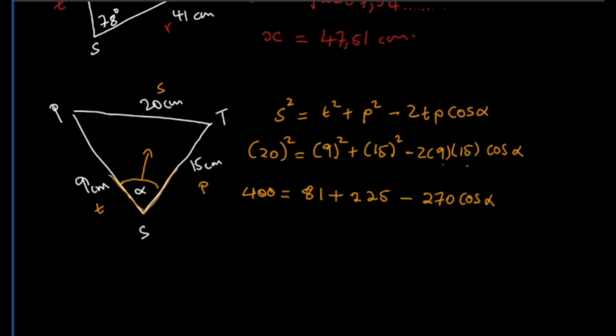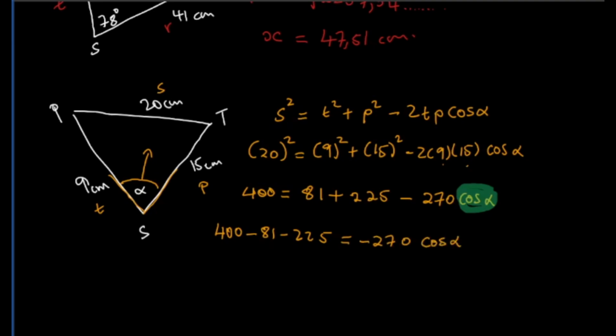And then it's the 81. The aim here is to isolate what? The aim here is to isolate alpha. Yes, we need to isolate the cos of alpha. We need to put that cos alpha on one side. Now let's work on that. First thing first, I can say 400 minus 81 minus 225, equate this to negative 270 cos of alpha.